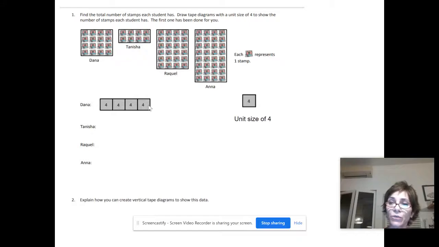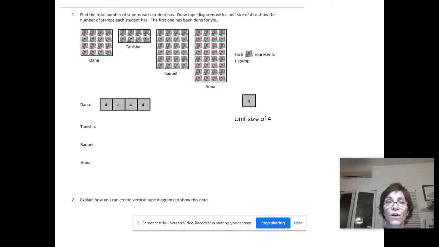Now, I would like you to try and do the others. So let's start Tanisha together, and then you can do the others. You can pause the video and do the others on your own. So let's look at Tanisha. Again, these are the stamps that she has. I see 2 rows of 4. Okay, so I already know 2 rows of 4 is 8.